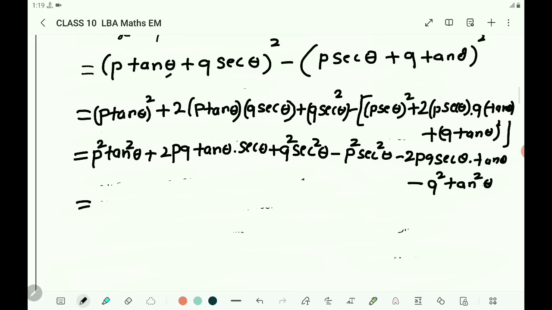Now bring p square and p square together.